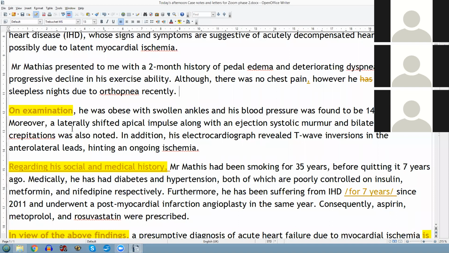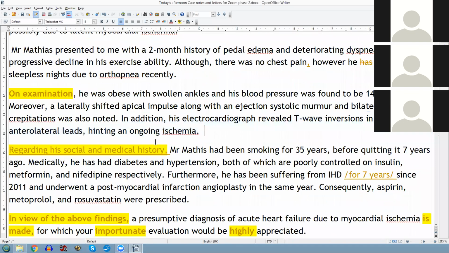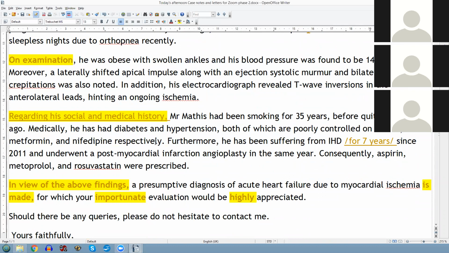Also noted, you could join those two sentences, lose a few words there. You could actually put most of this in a single sentence or in two, and you could lose a few words there. So you could cut this down too.